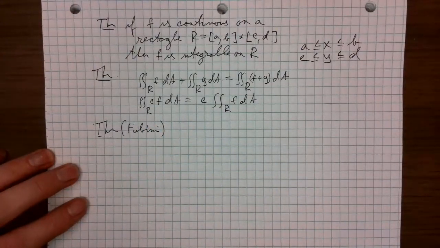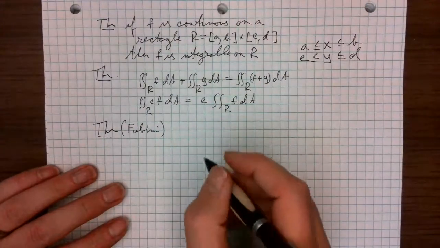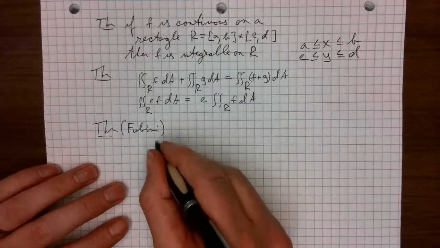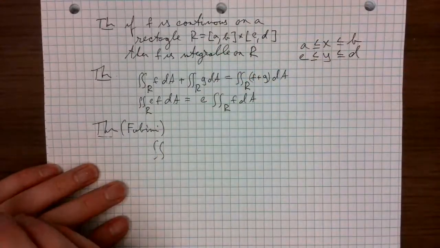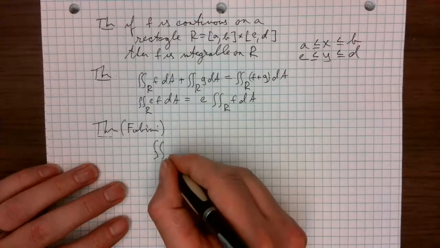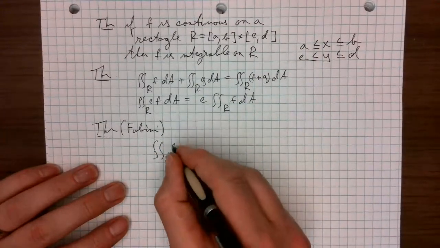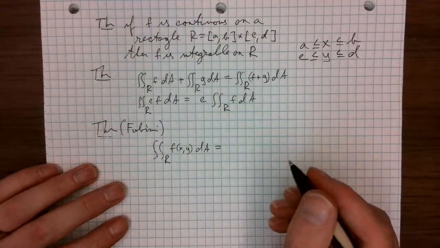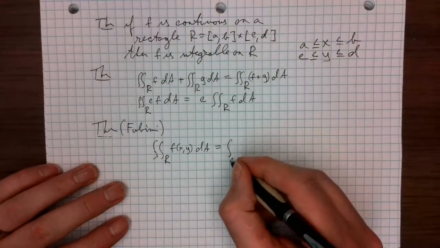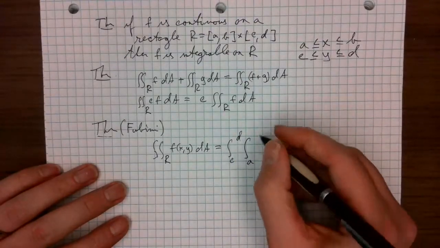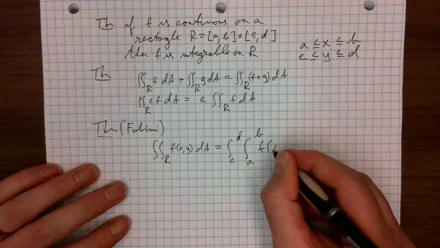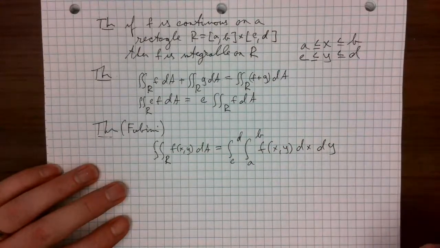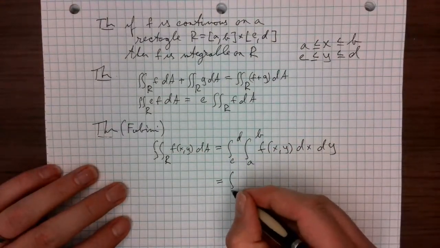It says that as long as f is continuous, and let's just suppose that that's where we're at, defined and continuous on this rectangle, then this double integral over R of f dA is actually equal to this so-called iterated integral, right? And we could iterate it the other way around as well.